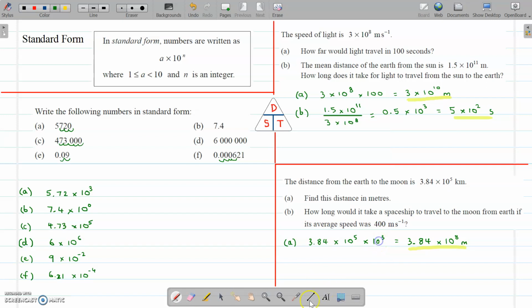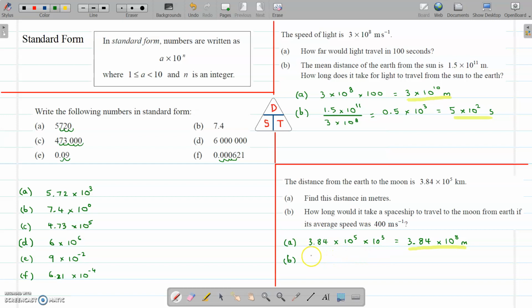Right, and now we go on to the final part of this question B, and it's asking us to do much the same as in the previous question. How long would it take a spaceship to travel to the moon from Earth if its average speed was 400 meters per second? So this is in meters per second. We've now got the distance in meters, and we need to do distance divided by speed again.